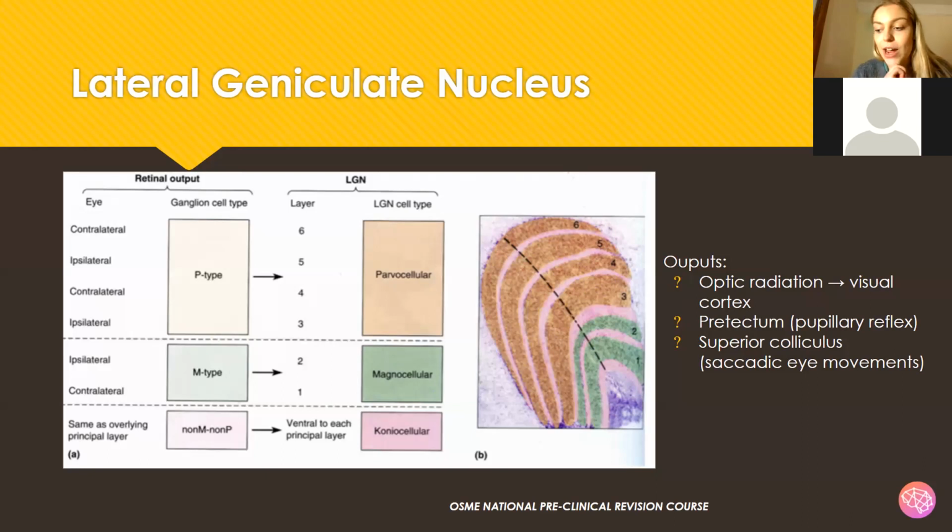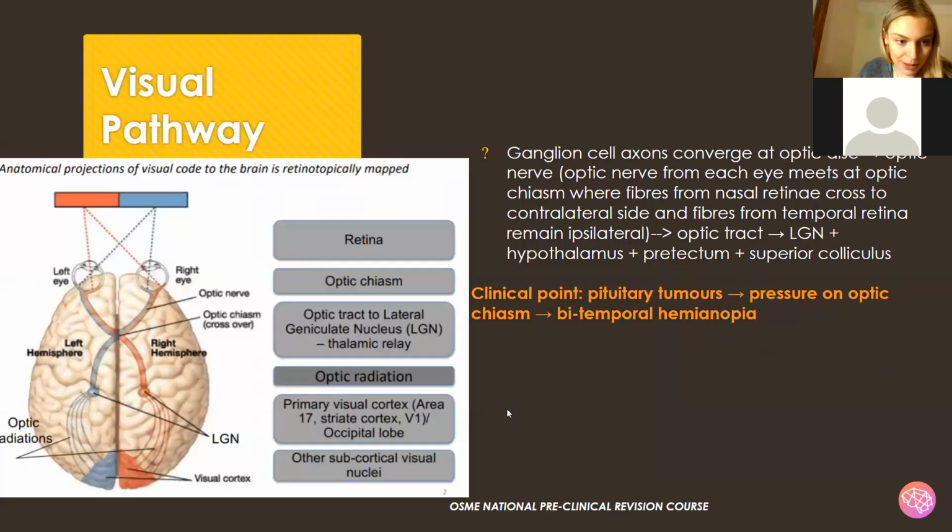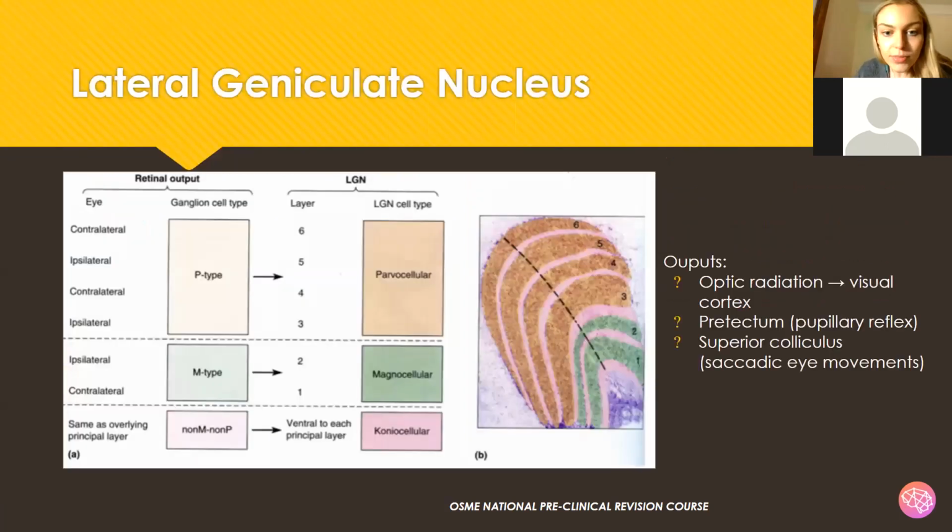So the right LGN receives information about the left hemifield, and the left LGN receives vision information about the right hemifield. This doesn't mean necessarily the left eye, but just the hemifield of each eye.